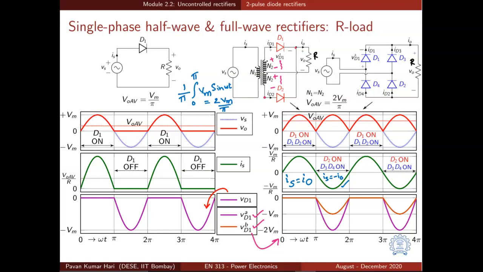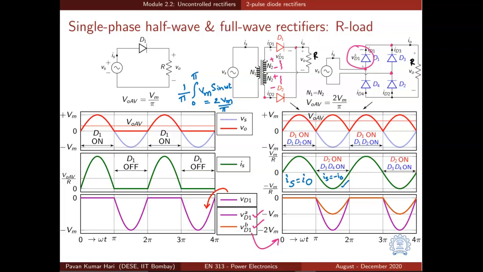So the full secondary winding voltage, which is double the input voltage, since we are considering N2 equal to N1, is seen by VD1. And in the case of bridge rectifier, when D1 is off, D3 is on, so this point is same as this point, and VD1B is simply Vs, the input voltage, and that is how we can show the difference between 2 diode rectifier and 4 diode rectifiers.